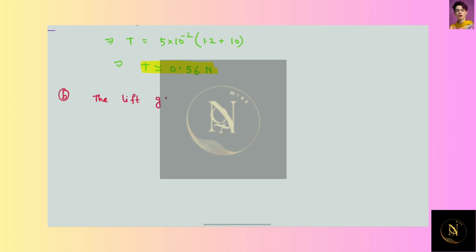Okay. In part B, it is given that the lift or the elevator goes up with deceleration of 1.2 meter per second square. That is, I can write the deceleration as A, that will be minus 1.2 meter per second square.